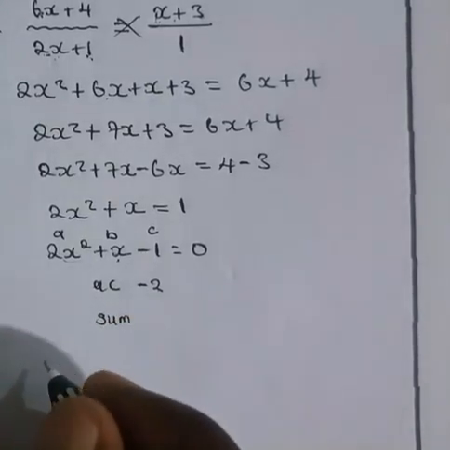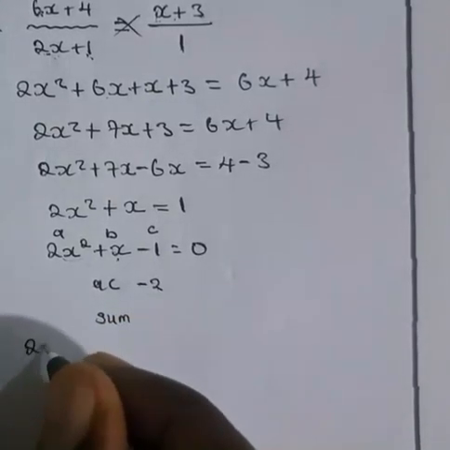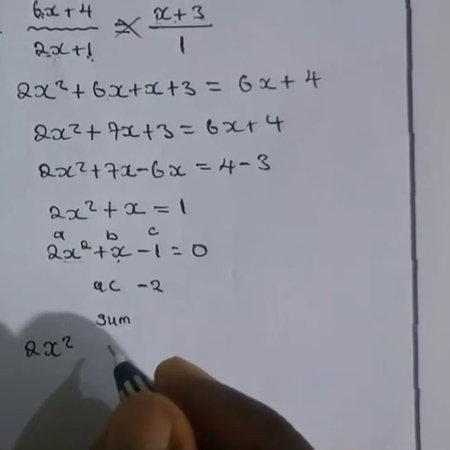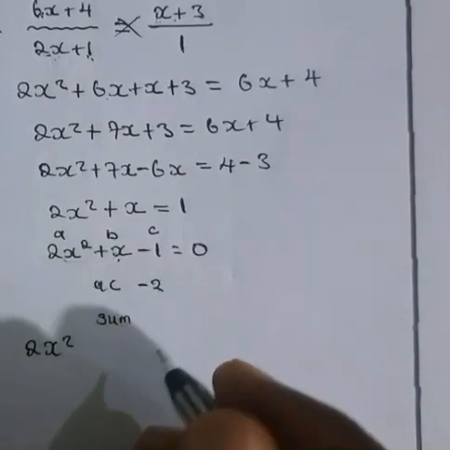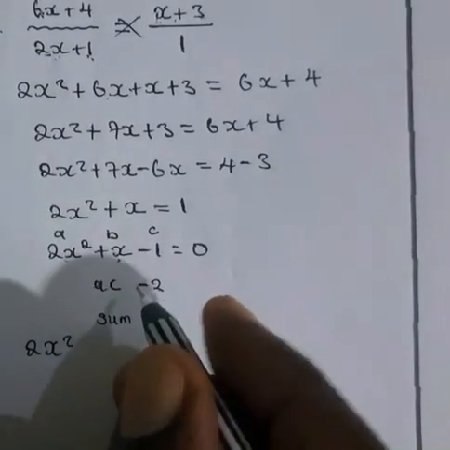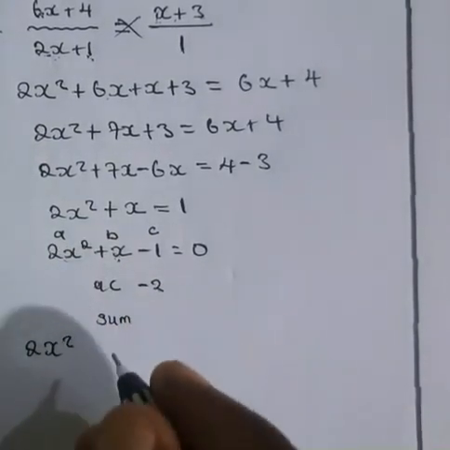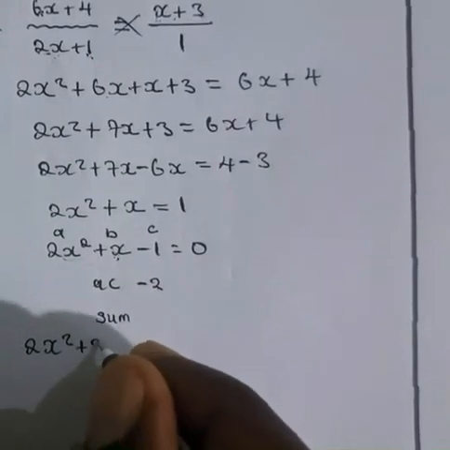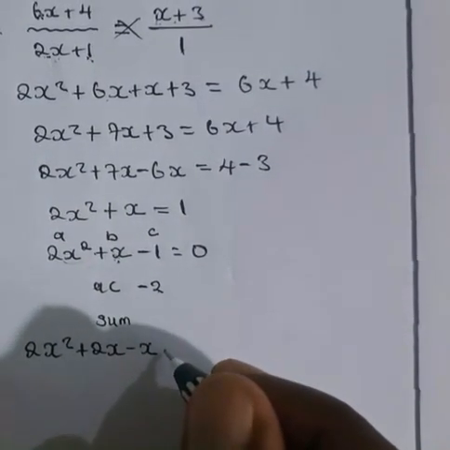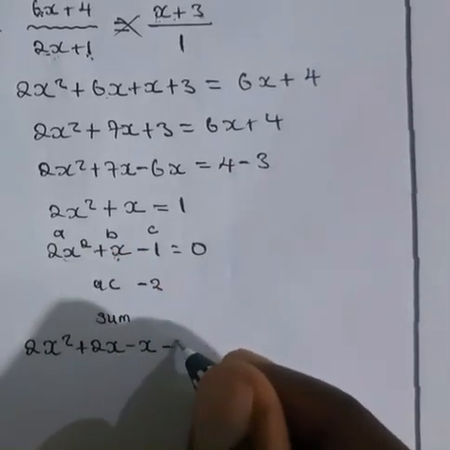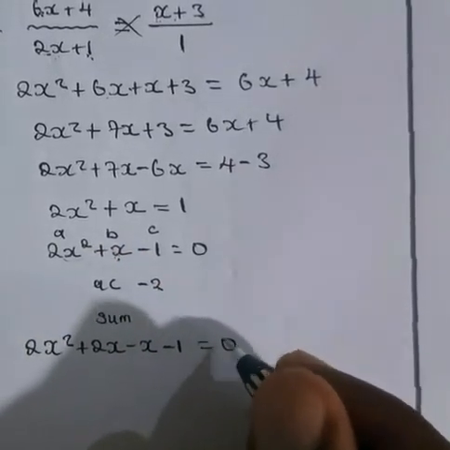So let's go ahead and write it. That is 2x squared. Remember, we want to use the factors of negative 2, whereby when you add them, it will give us the coefficient of 1, which is plus 2x minus x. Then we continue here, minus 1 is equal to 0.